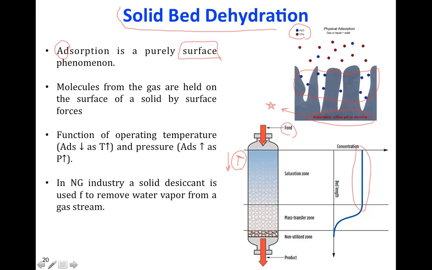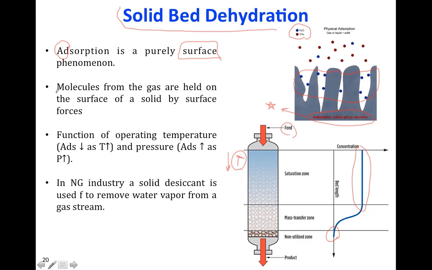Once this gas goes to the column, there is a zone that will be saturated, and then water will start to be removed by the solid bed, and the gas will leave the column free of water or with a little bit of water.